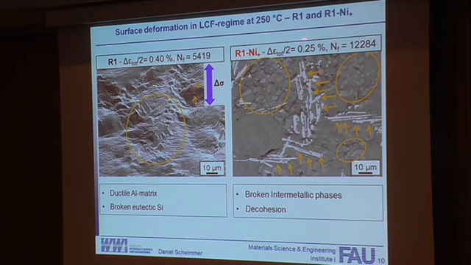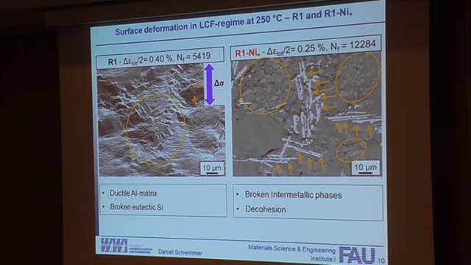In our nickel-containing alloy, for example, at 0.25% at a fatigue life of 12,000 cycles to failure, you can see in the BSE contrast that our intermetallic phases are broken, always in the short direction.